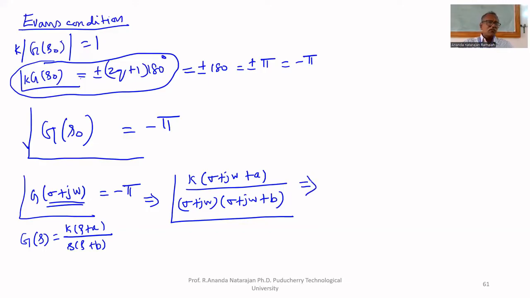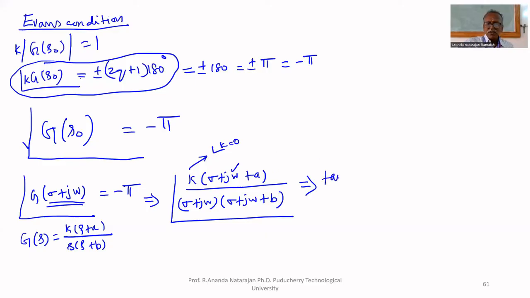how to find the angle. The angle for the numerator is positive, as we have already seen, and the angle for the denominator is negative. The angle is tan inverse of imaginary part divided by real part. For the numerator, the angle of k is 0, so we can ignore it.